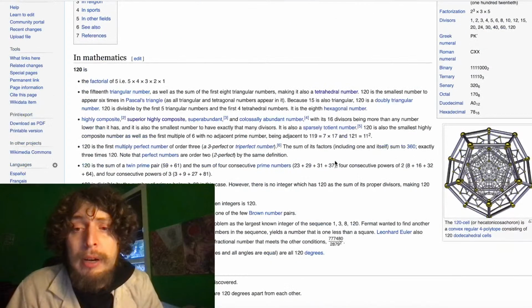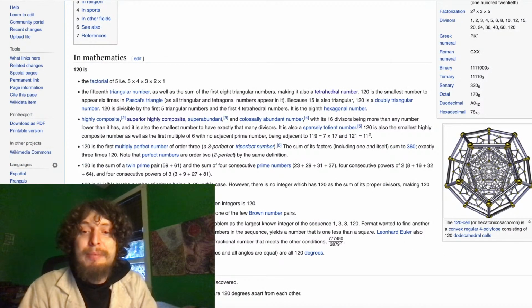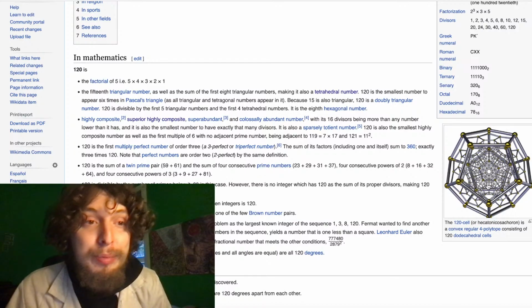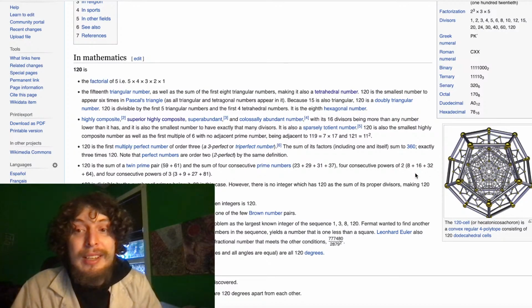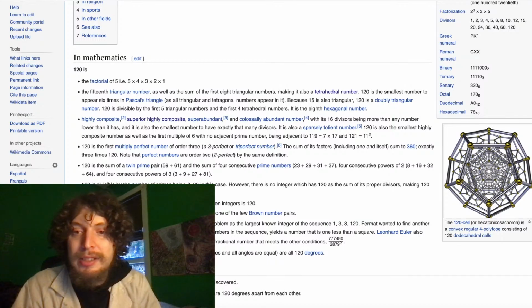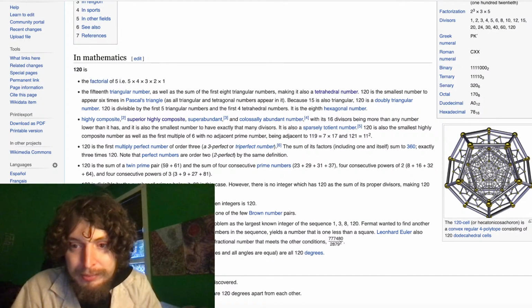Here in our article for 120, we get a cool picture of the 120 cell, which is a 4D polytope. We didn't show this, but this was a member of a list in my episode about what shapes can exist in different dimensions, because this is one of the perfect polytopes, the convex perfect polytopes.